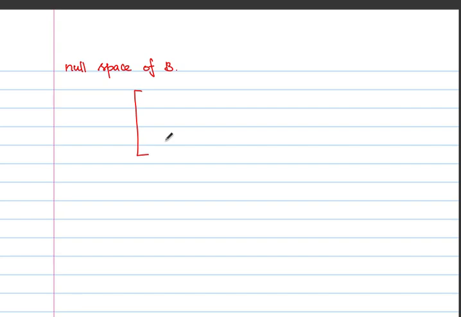If you want to learn how to find the null space, you can watch it there. So this is our matrix B: 0, 3, 3, minus 3, minus 6, minus 3, 3, 3, 0.